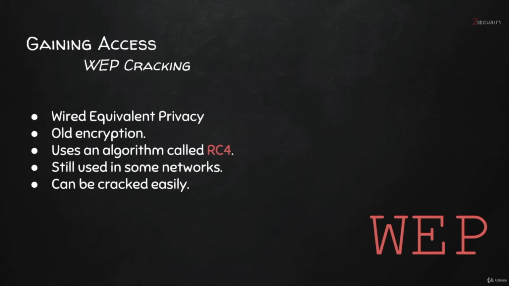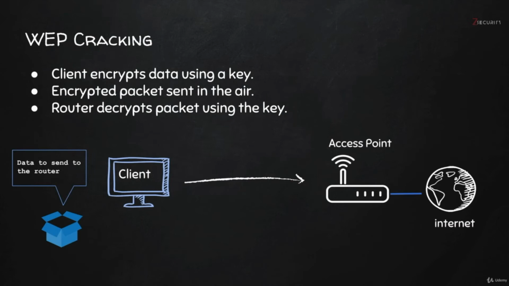So basically, WEP uses an algorithm called RC4 to encrypt its data. The way this works is, if a client wants to send something to the router, and let's say it wants to send this text, "data to send to the router," it'll first encrypt this using a key.